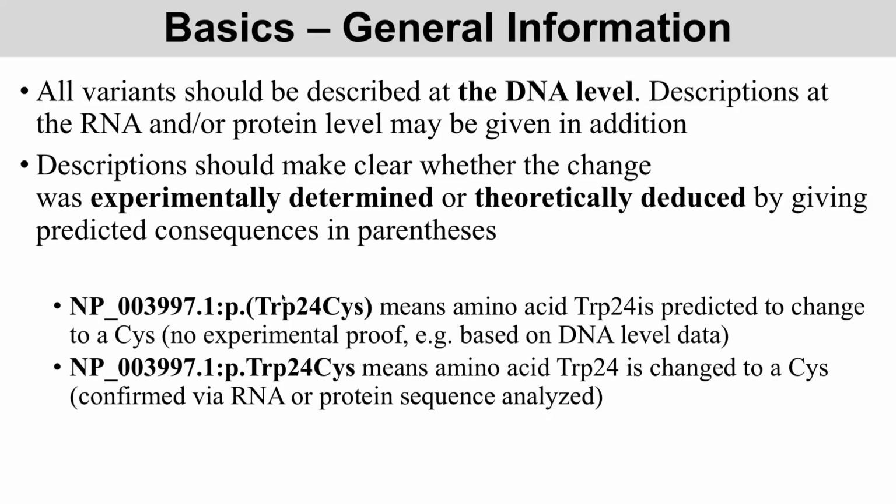We are just predicting that this amino acid at position 24 has changed, whereas if you have confirmed via RNA-seq, protein sequencing or something, then you could show this protein change without the parentheses to show that you actually have proven that this amino acid change is happening and not just something that you are assuming is happening at the protein level.